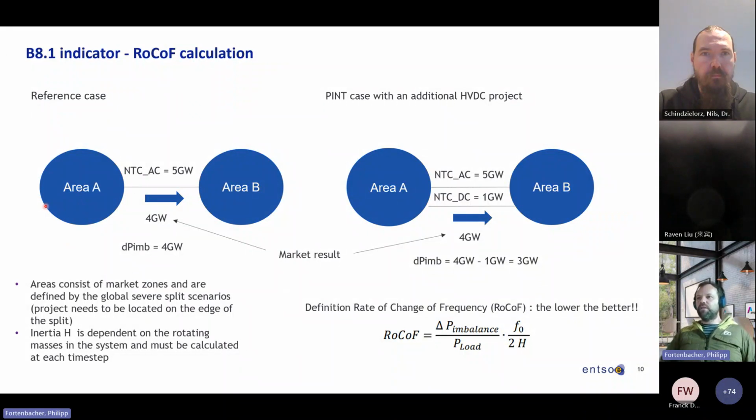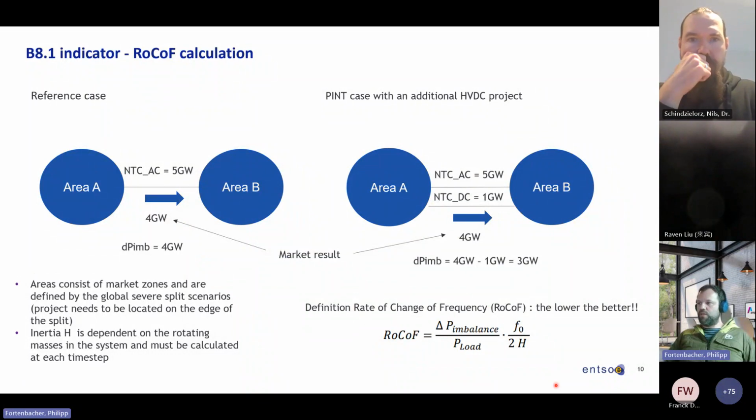So here, as an example, we basically have two areas that are in a synchronous area, and if we have a split of these two areas, then this 4 gigawatt could not really flow, right? So we will then have an imbalance of 4 gigawatt, and this imbalance of these two areas will determine the RoCoF.